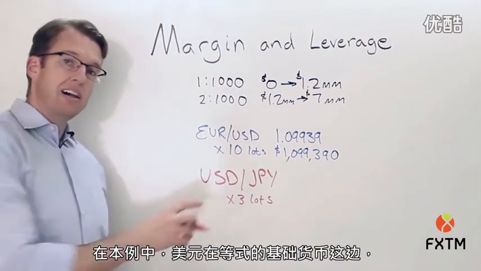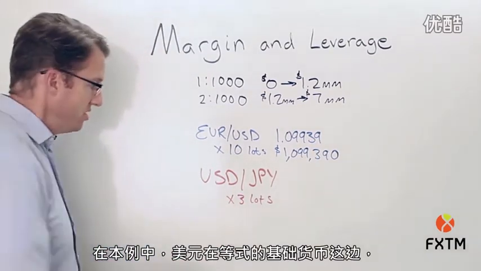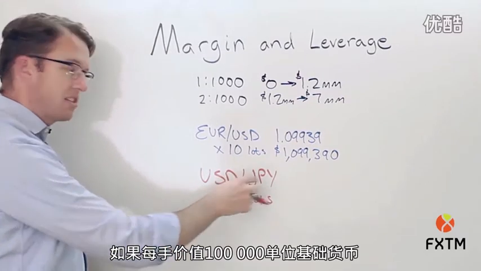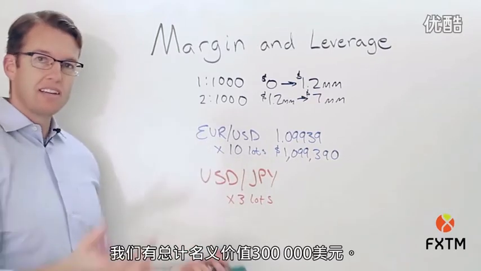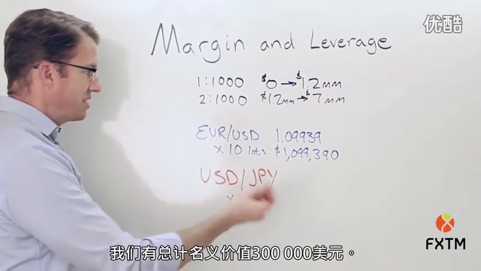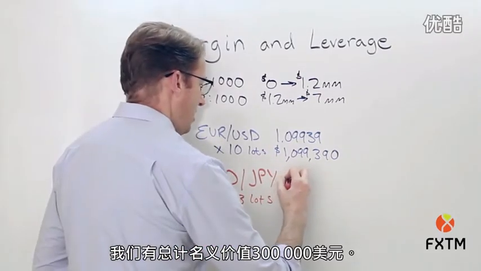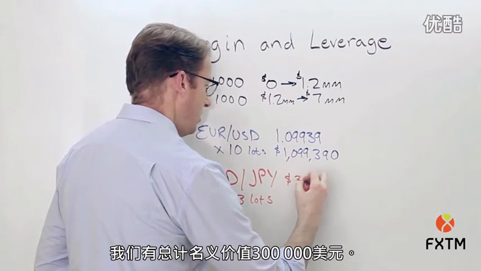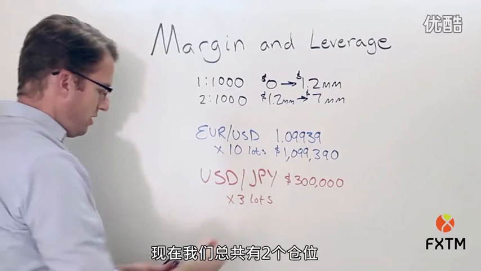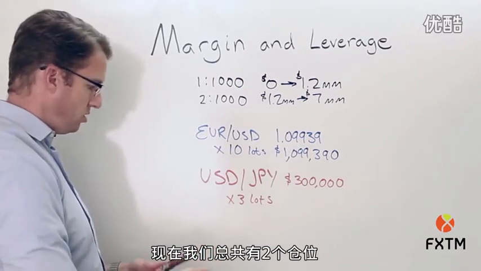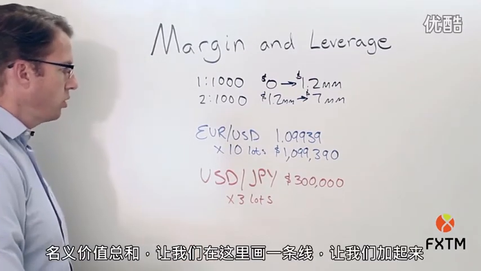Well, in this case, the dollar is actually on the base side of the equation, so if each lot is worth 100,000 units of the base currency, then we times that by 3, and that tells us that we have a total outstanding notional value here of $300,000.